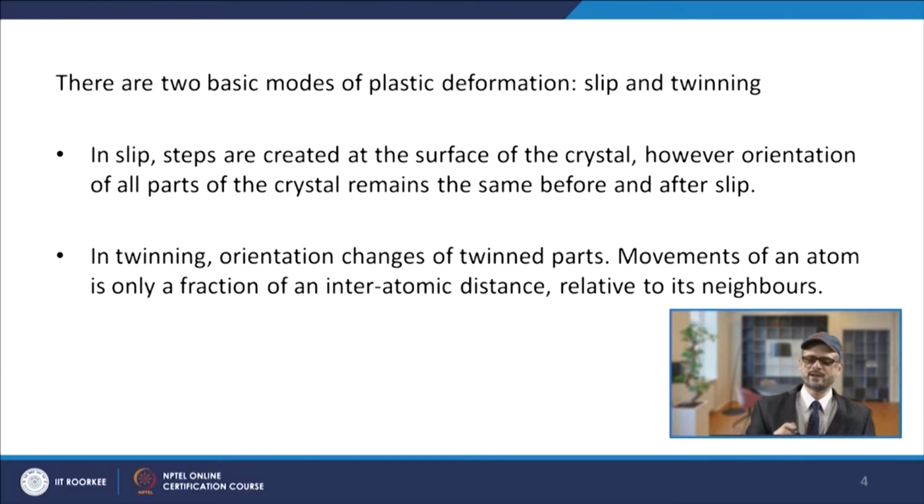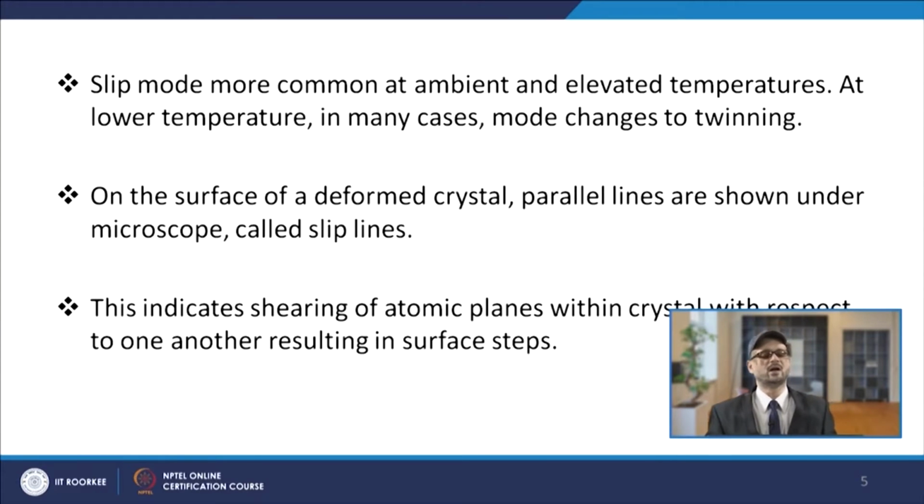In the case of twinning, the orientation of the twinned parts changes, but the movement is only a fraction of the interatomic distance, whereas in slip a few atoms may be slipping. That is the difference between slipping and twinning.